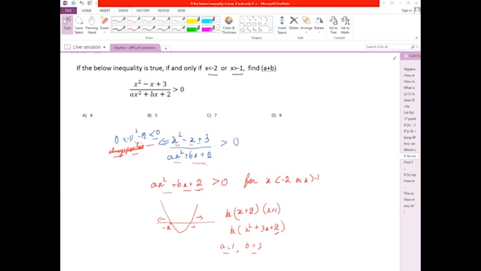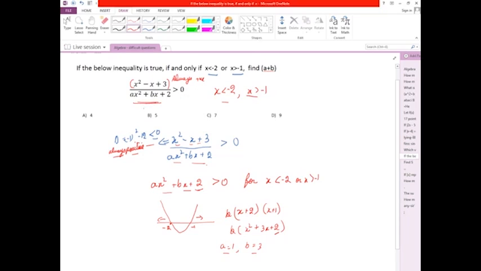So this is what we did. We had said that the below inequality is only true for x less than minus 2 and x greater than minus 1. What we observed then is that the numerator is always positive. So the sign change has to happen from the bottom expression.